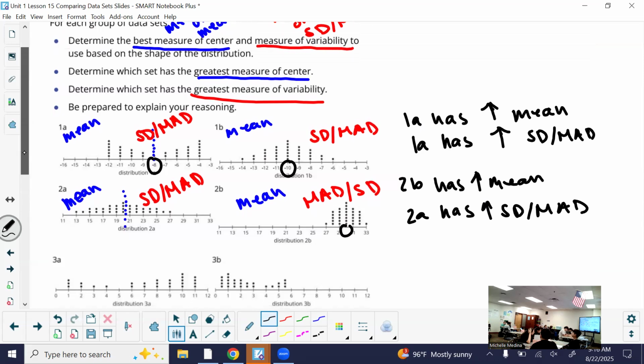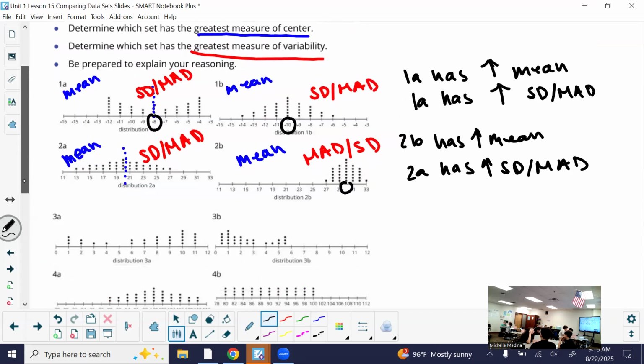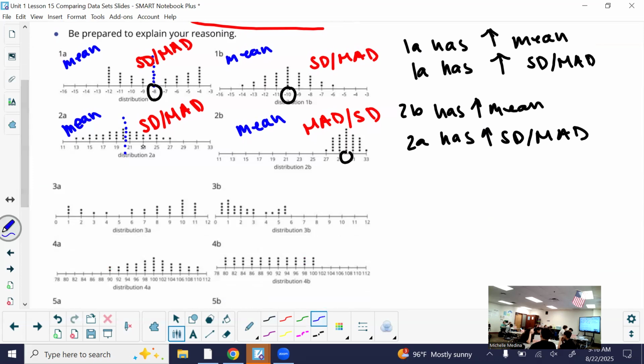All right, Dexter, 3A, do we prefer the mean or the median? The median, because this is our first example that is not symmetric. Good, it's not symmetric. Therefore, the mean will not match the median. Let's see, Josiah, what do we prefer for variability in that one?